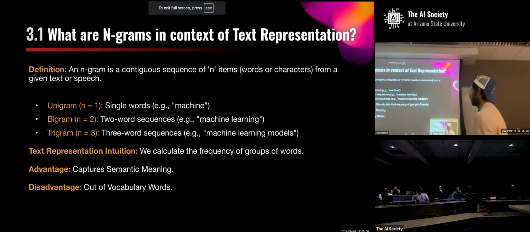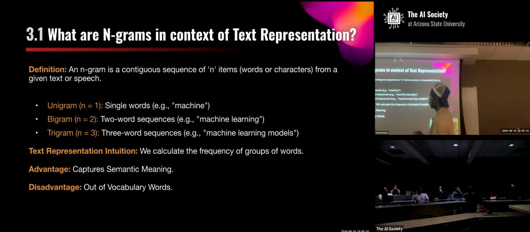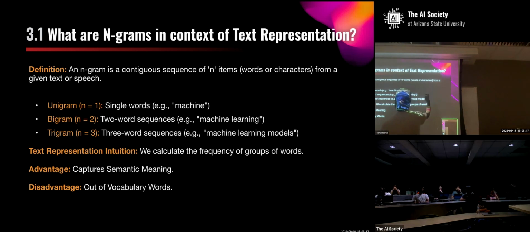It is very similar to just the term frequency part in TF-IDF, but instead of one word, we take a sequence of words. Here n represents the length of the sequence of words. If n is 1, that means we are taking just one word and calculating its frequency. For example, let's say 'machine learning models' is a sentence. If it is a unigram model, unigram means n equals 1, we'll just take one word, 'machine', and count the frequency of that word.